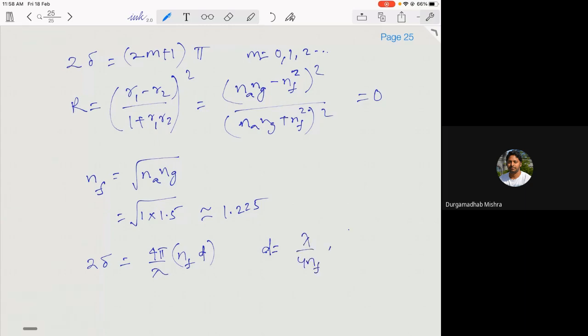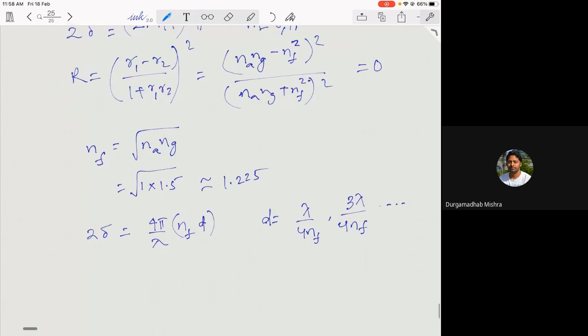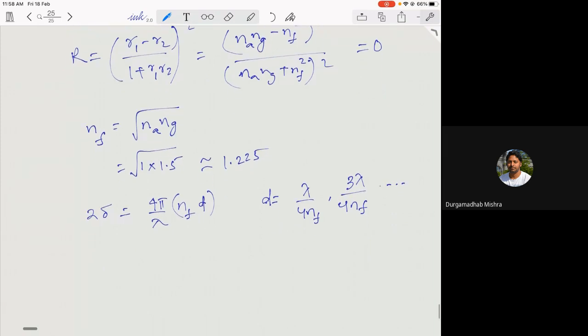This is the one we just saw qualitatively, and other values are also possible, so all odd multiples of lambda by 4 NF. So this is how one can use Maxwell's equations to find the reflection coefficient, and then find the condition if you want zero reflectivity.